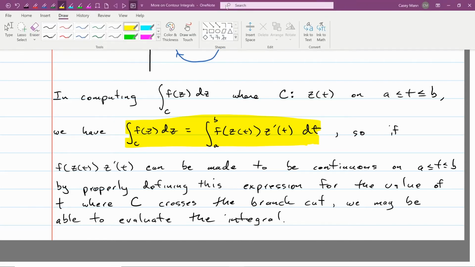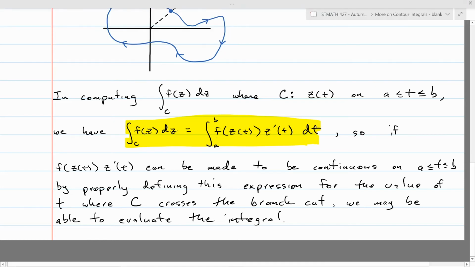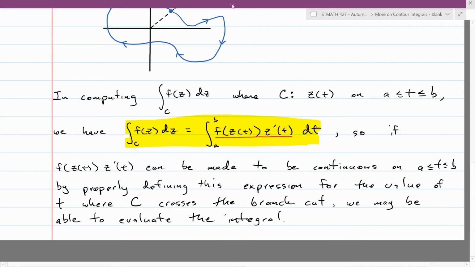That gives you a new integrand, and if you can make that integrand continuous on a to b, then you can integrate it. So it might be that at this one point where it crosses the branch cut, the function's not defined there. So the idea is you'll have to give the function some definition there, just at that one point, in such a way that it makes the integrand continuous, and then you can integrate it using normal means.